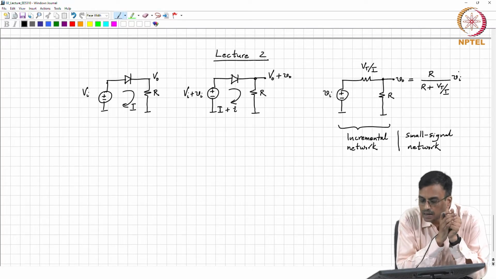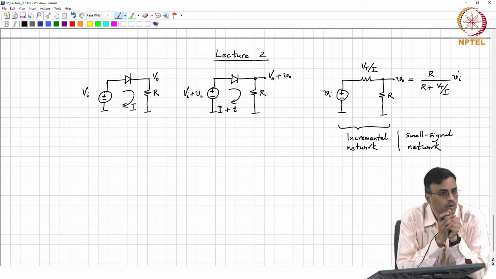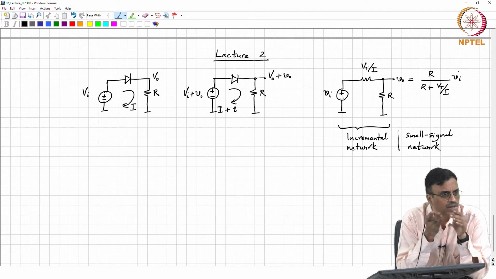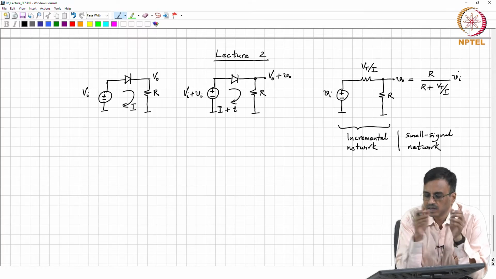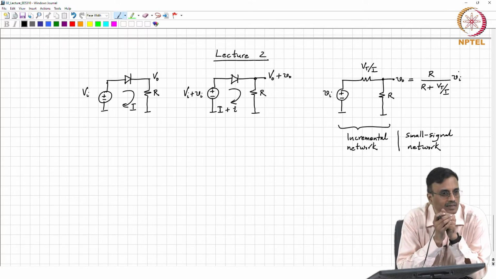The capital I is related to the quiescent operating point, and the particular nature of this small signal relationship comes about because of the exponential nature of the diode, right. If the diode had some other characteristic, then this formula for small signal resistance as a function of operating point would be different.